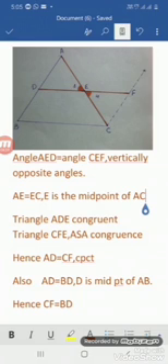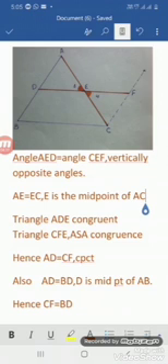Hence by CPCT, AD equals CF, corresponding parts of congruent triangles. Now we have proved that AD is equal to CF. Already AD is equal to BD since D is the midpoint of side AB. Now we can see that AD is equal to CF and AD is equal to BD. The left hand side is the same, so the right hand side should also be equal, that is CF equals BD.